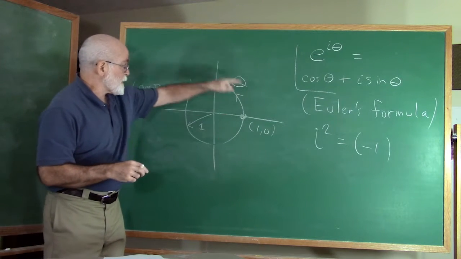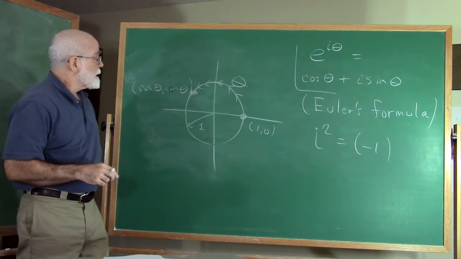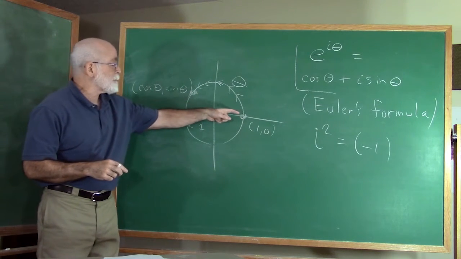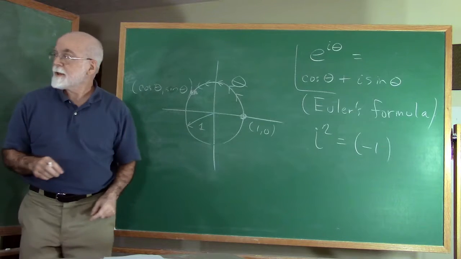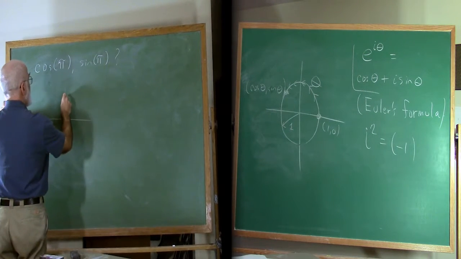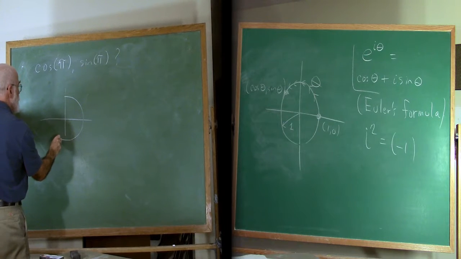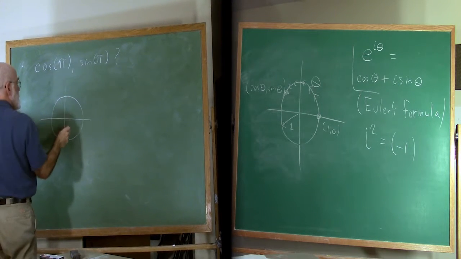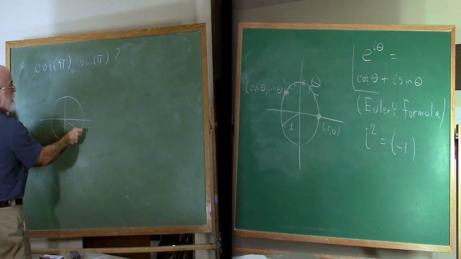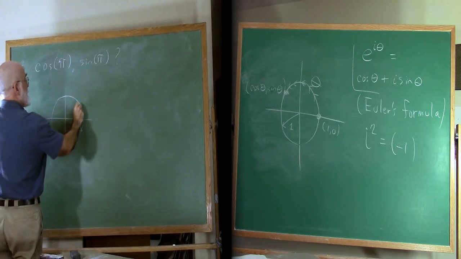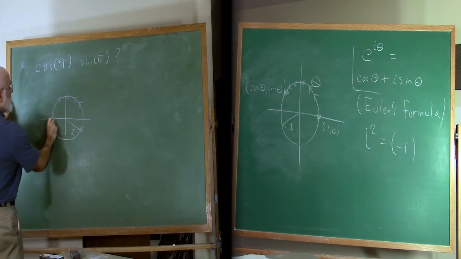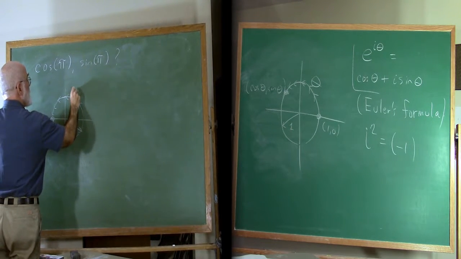The full circumference is 2 pi. Pi is going to be 1/2 of that, like the upper half of the unit circle. Radius 1. Upper half only to get a length of pi. End up right there.